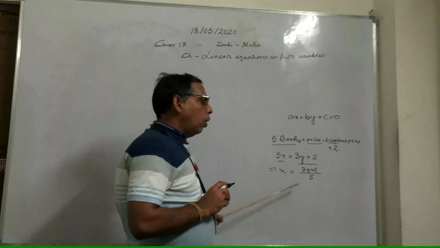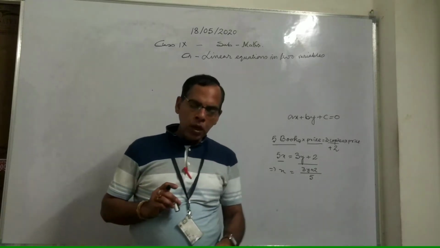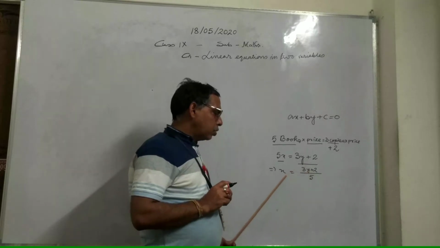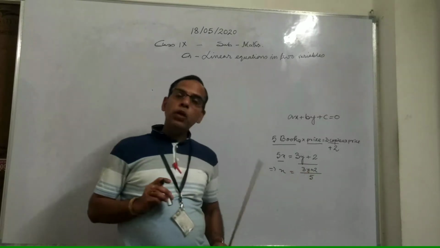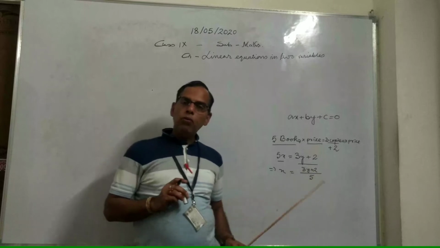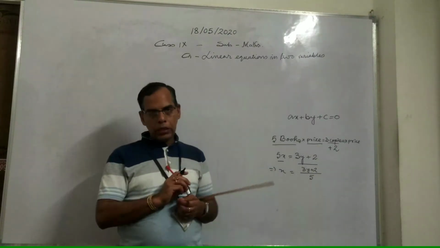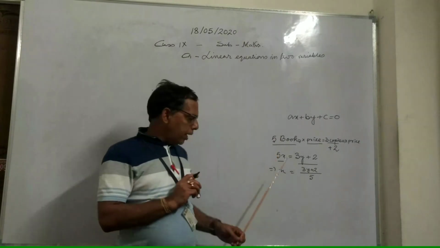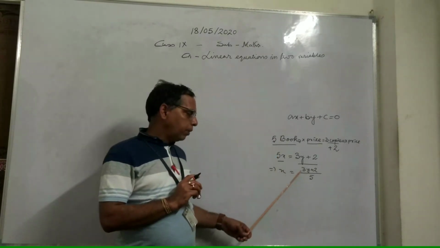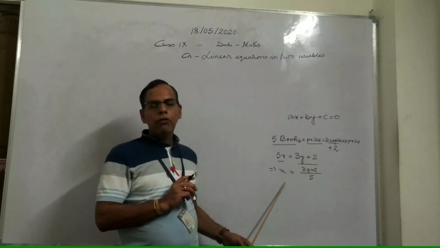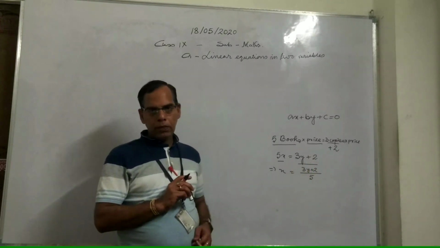And one thing you see, if you get the values of y, you can get the values of x. But can you get the value of y if you know the values of x? You have to convert on the other side. Now, as of now, directly if you get the value of y, you can get the value of x.